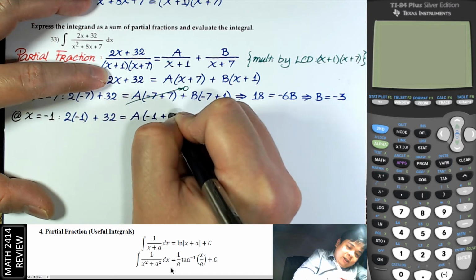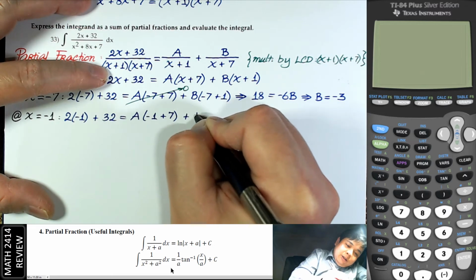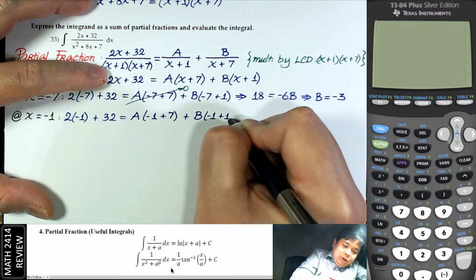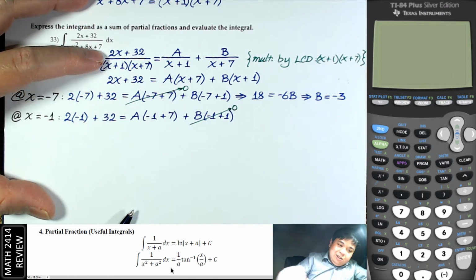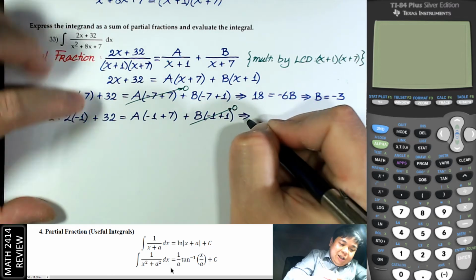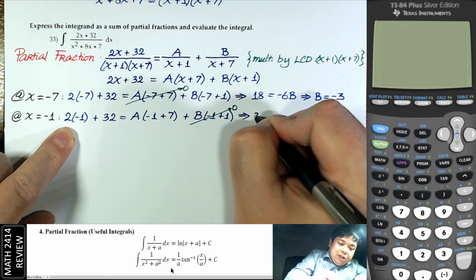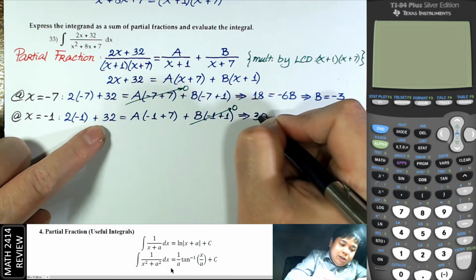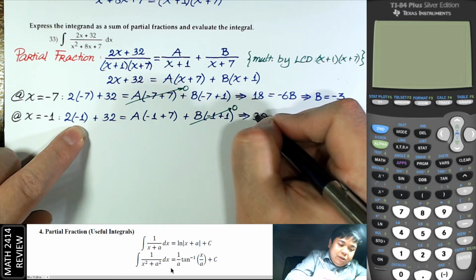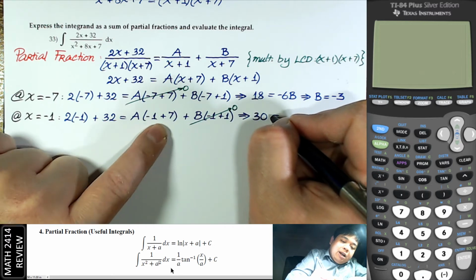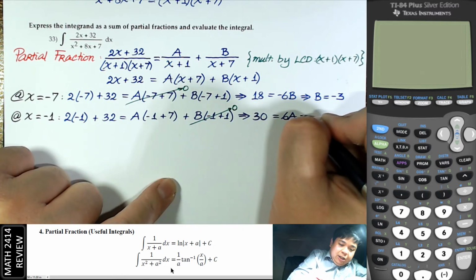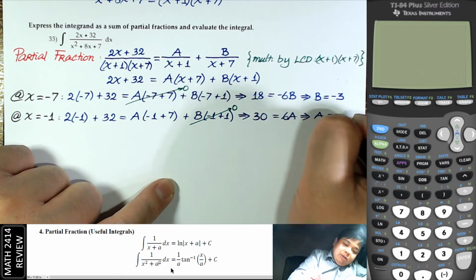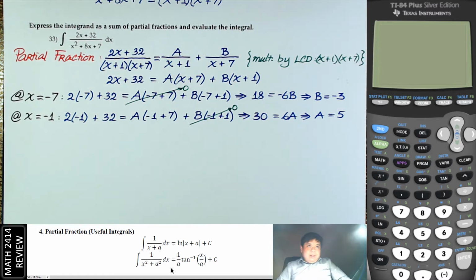That one goes to 0. 32 minus 2, 30, and that is 6a. So divide, a is going to be 5. Right, so partial fraction, that's what we have here.